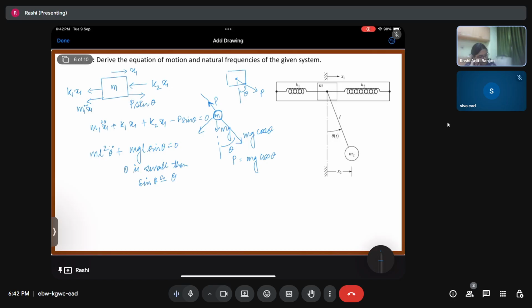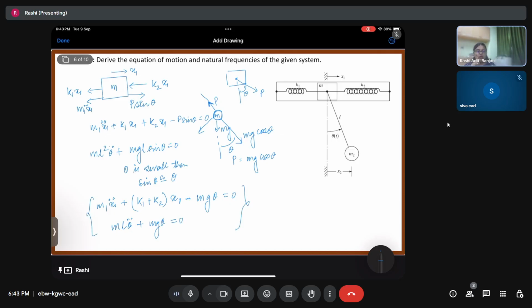So we have the final equations as m1 x1 double dot plus k1 plus k2 x1 minus mg theta is equal to 0, and m L theta double dot plus mg theta is equal to 0. So these are the first set of equations, which is in terms of theta.